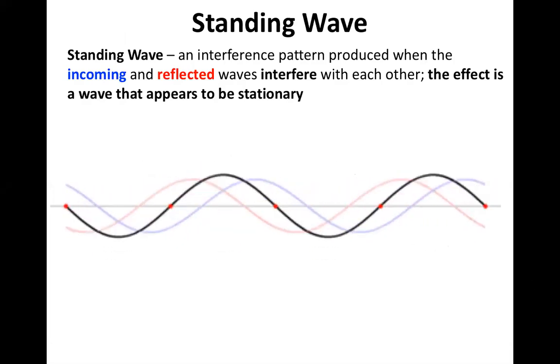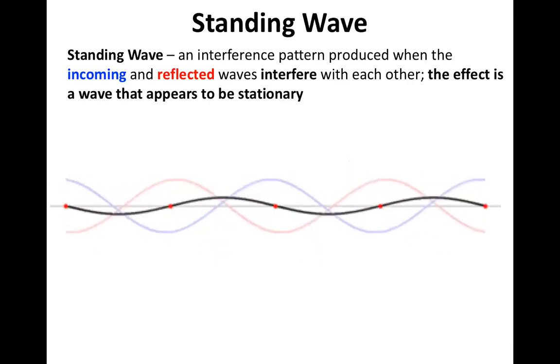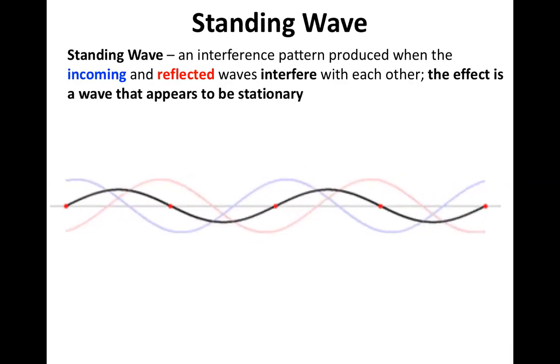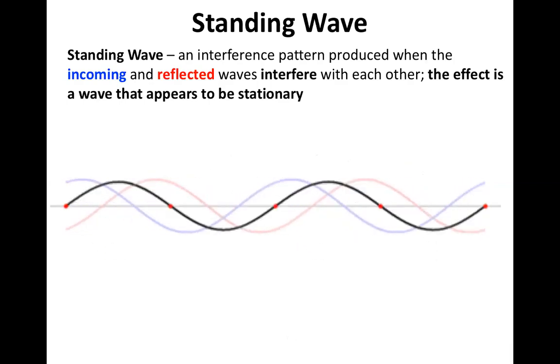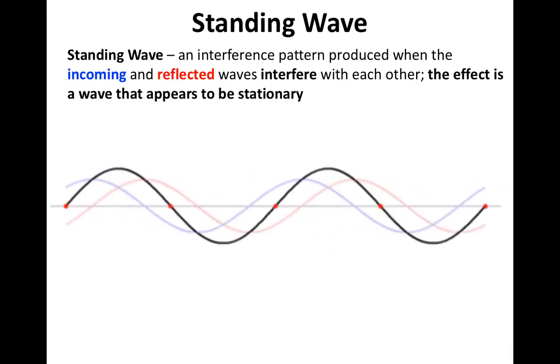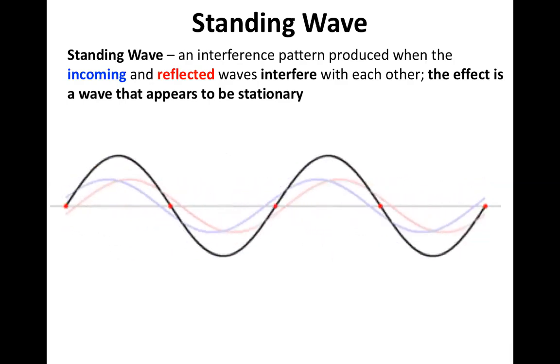So now stare at the red wave. Do you see how the red wave is going from the right to the left? Now, since these two waves, the red wave and the blue wave, occupy the same space at a point in time, the black wave is the sum of the red wave and the blue wave.